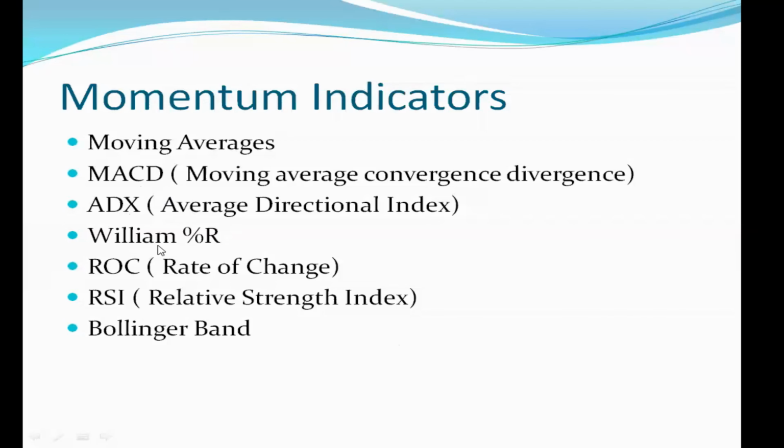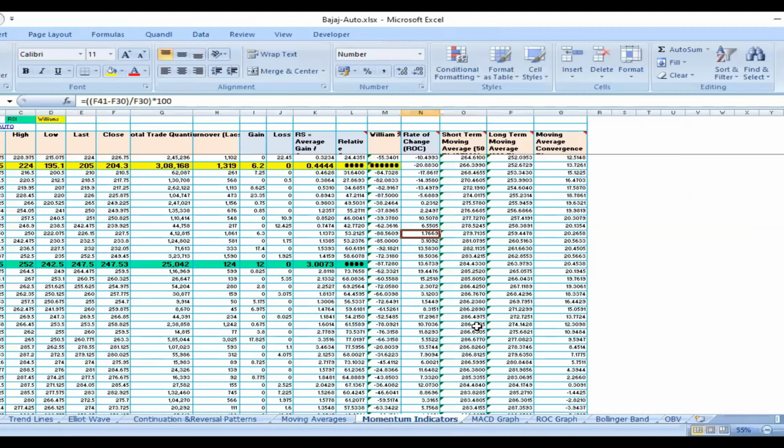Okay. Moving average. Let me see. Just to explain how MACD is calculated. It is the difference between the 12-day moving average and the 26-day moving average. Now 12-day minus 26-day. What does that mean?